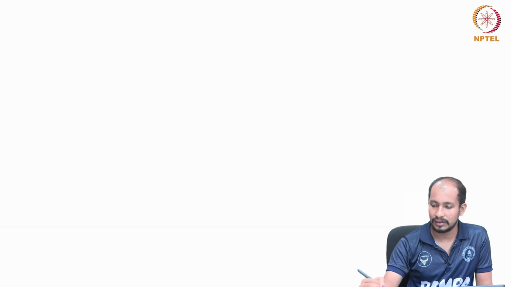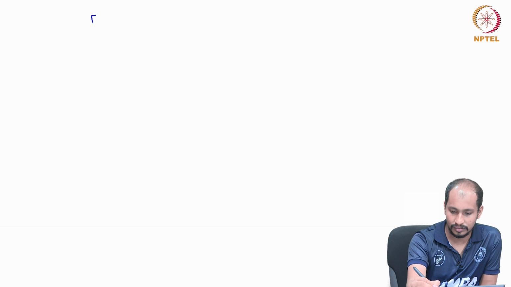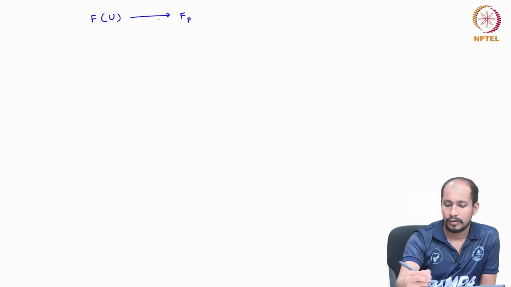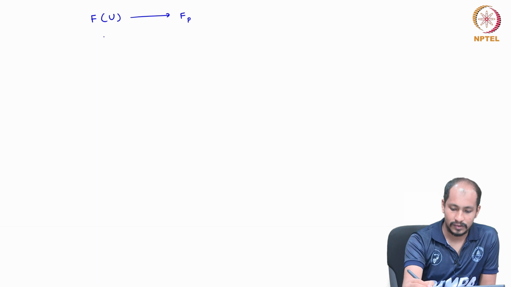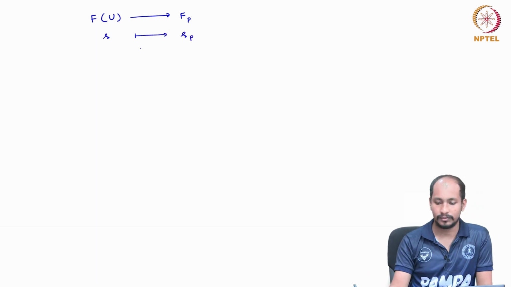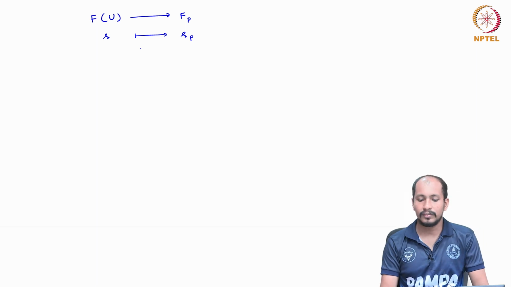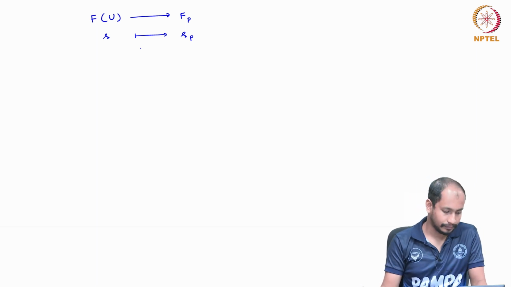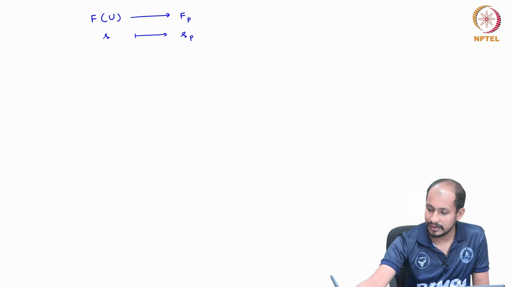This is actually the germ of s at p. So it is nothing but the map F(U) to F_p. We already know we have a map, right? F(U) to F_p for p inside U. So s goes to s_p. This s_p is a germ of s at p.